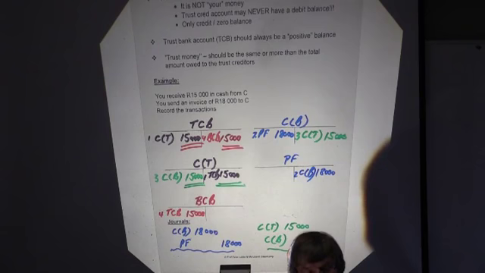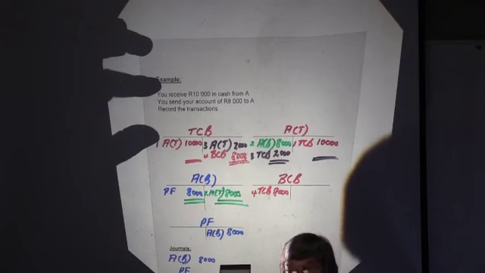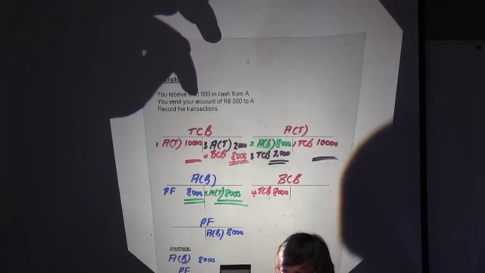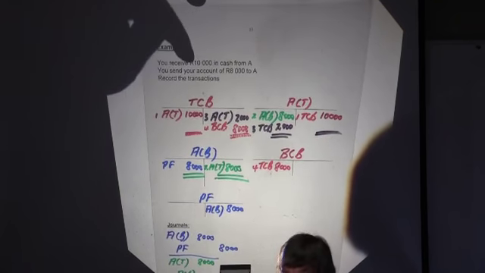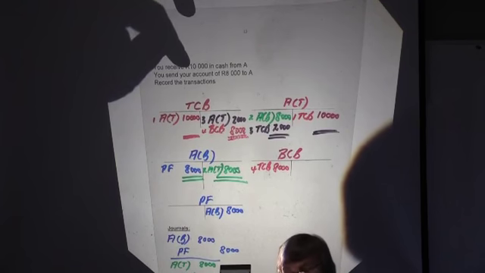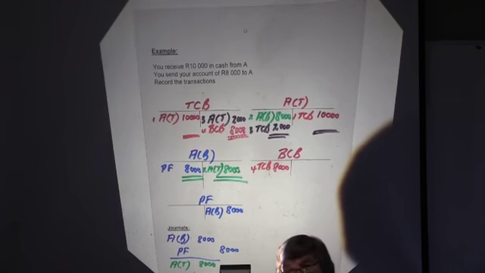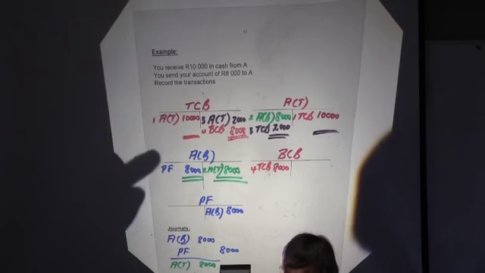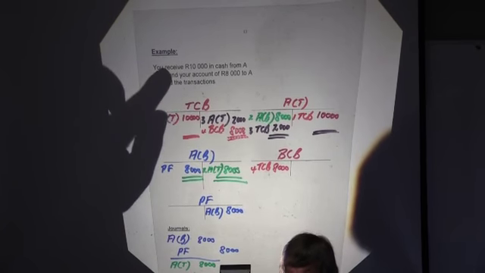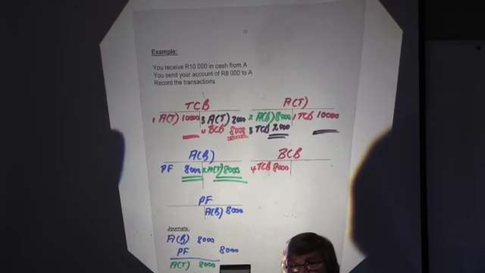So ladies and gentlemen, if you compare the 2 examples here, in the earlier example, you've received trust money to the value of 10,000 rand, but your fee was actually 8,000 rand. So you had to repay 2,000 rand.